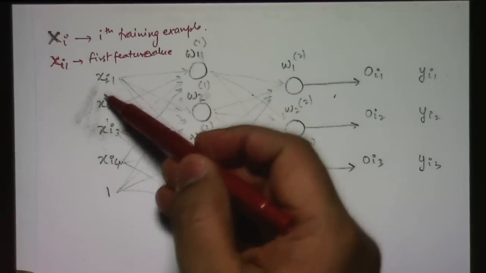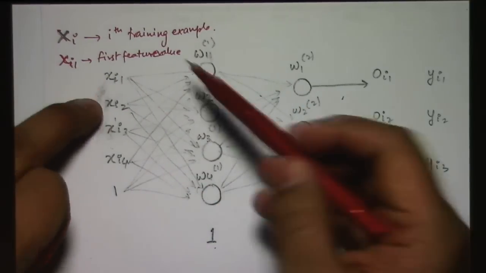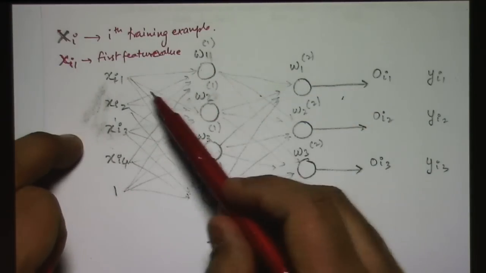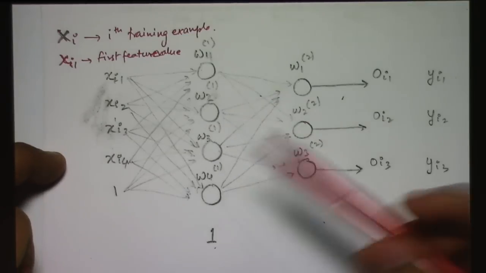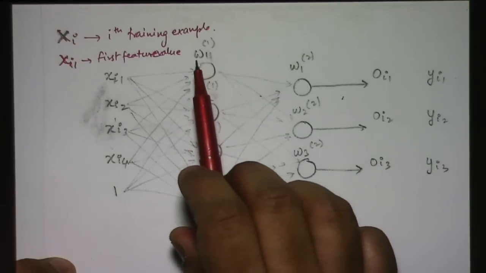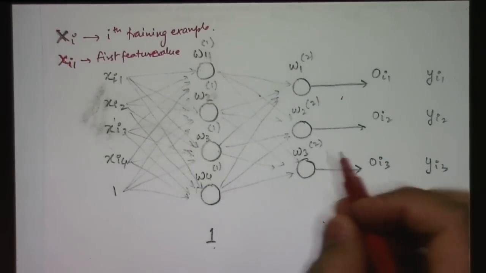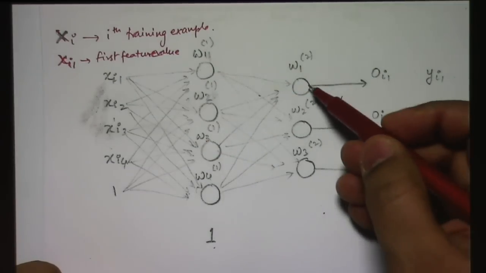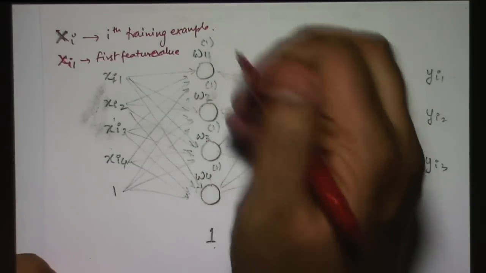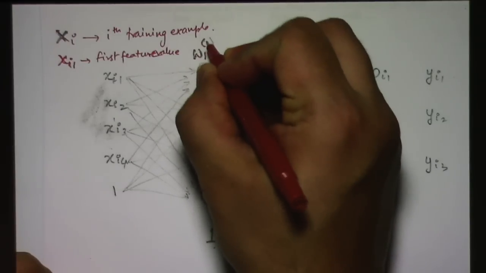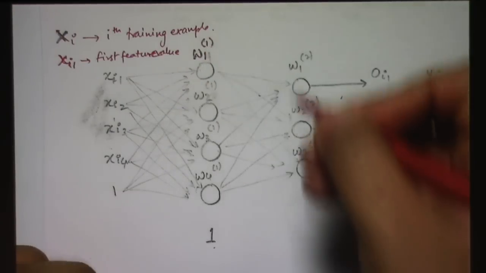So these are the inputs for the ith training example: xi1, xi2, xi3, xi4, and 1. They all go to these hidden units. To differentiate between the units on the hidden layer and the units on the output layer, I have indicated these units as W1, with a superscript 1. 1 means it's in the hidden layer.